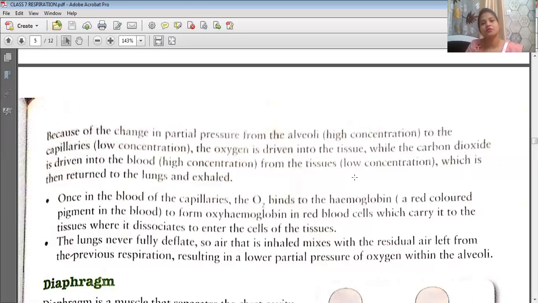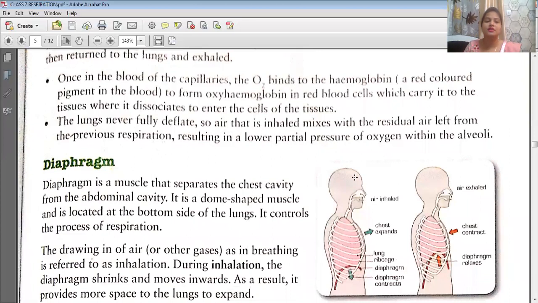Now this blood goes to the lungs where our air is being purified, and from the lungs the air is exhaled out through the nose. Once in the blood of the capillaries, when oxygen mixes with the blood, there is one pigment in our blood, that is hemoglobin.